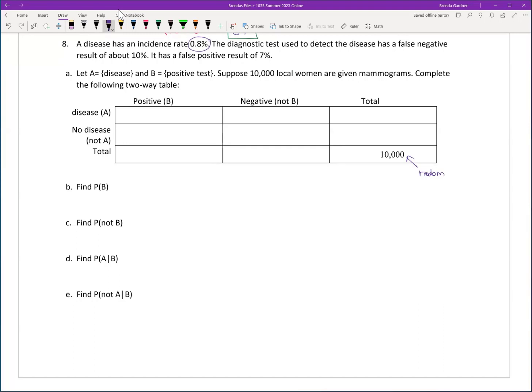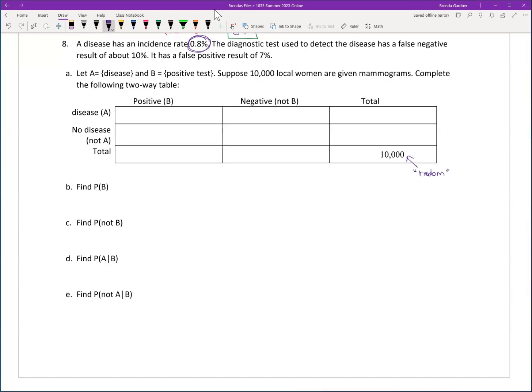The base number is not as important as using the numbers to find the probabilities. If that number isn't given to you, you can pick whatever you want. Usually a bigger number is more helpful than a small number, because we're going to end up with decimals, and especially where we have a very small incidence rate to begin with, we want to make sure this is big. They chose the number 10,000. Zeros and ones are much easier to work with, so that's why it was chosen, but it's a random number.